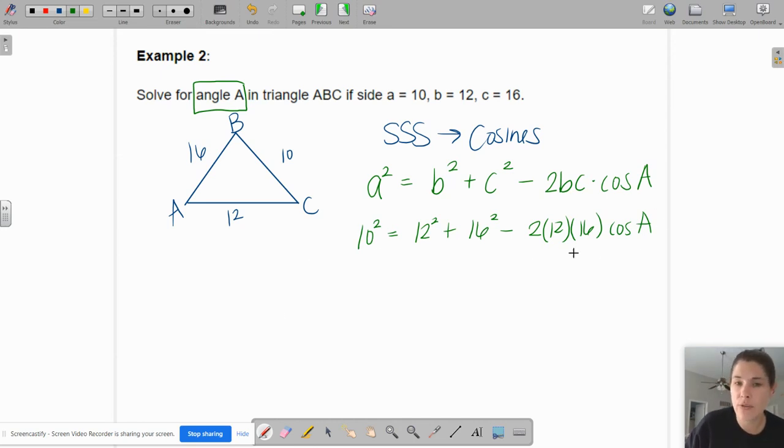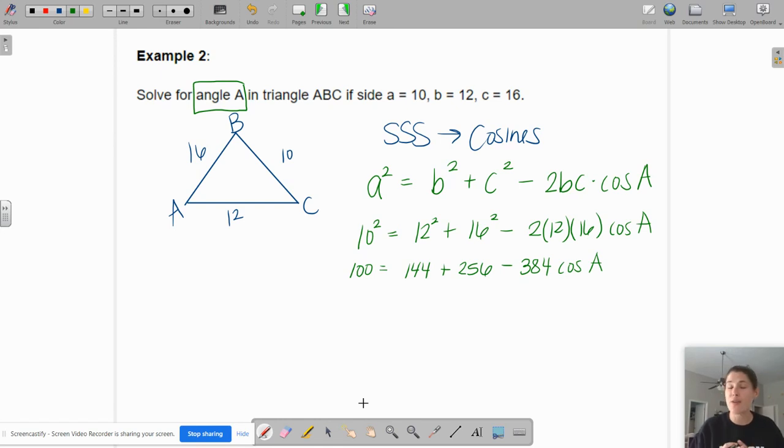So 10 squared is 100, 12 squared is 144, 16 squared, that's 256, minus 2 times 12 times 16, that's going to be minus 384 times the cosine of A.